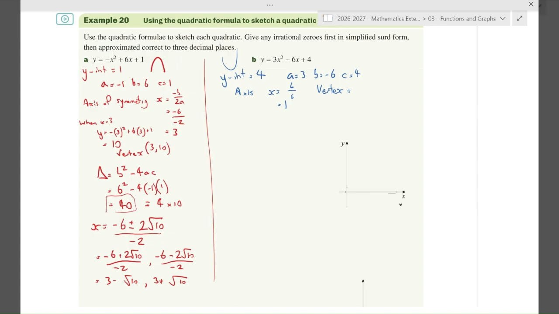So it's when x equals 1. So yeah, what? 3 times 1 plus 6 plus 4. 7?